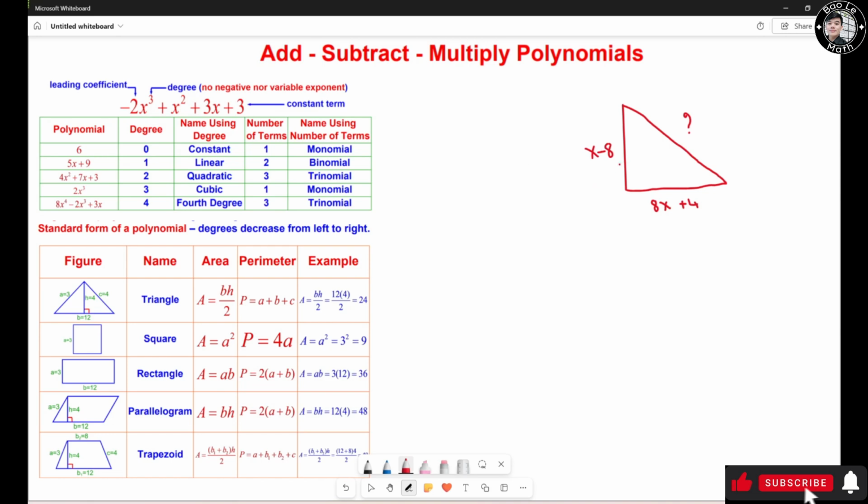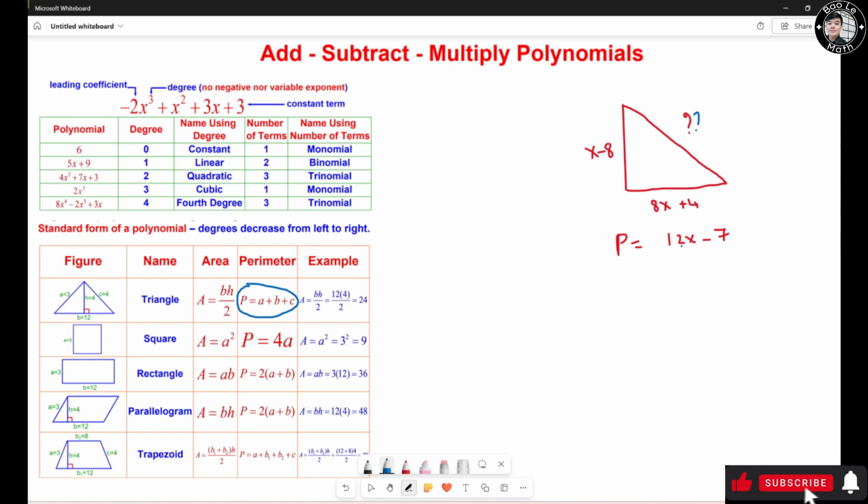So for example, if we have the triangle with the side lengths s minus 8 and 8s plus 4, and given perimeter equals 12s minus 7, now we need to find the missing side length right here. In order to find the perimeter, you need to add all the sides up, right?